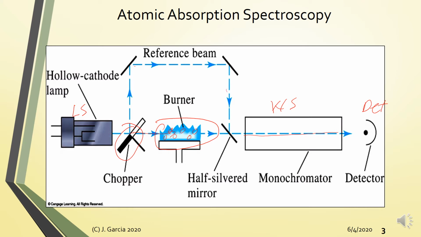Since this is based on absorption, as we discussed earlier, this is still based on the measurement of transmittance. So you need to get the power or intensity of the incident beam and compare that with the intensity or power of the transmitted beam, the one that passed through the sample.